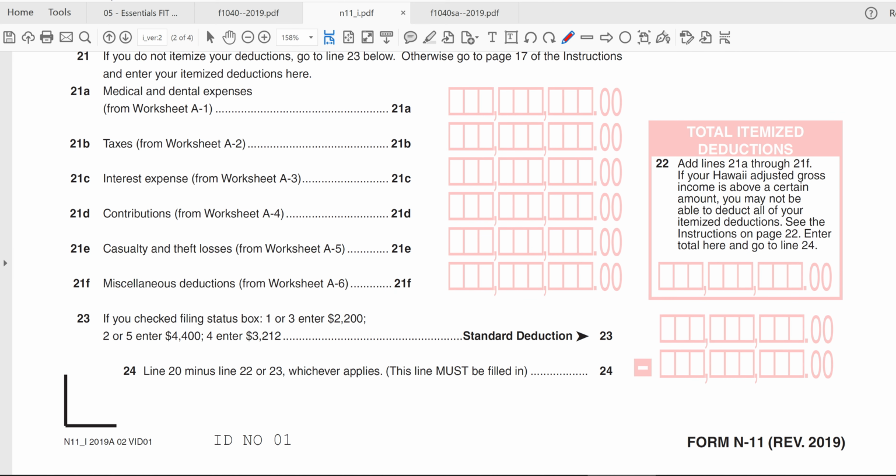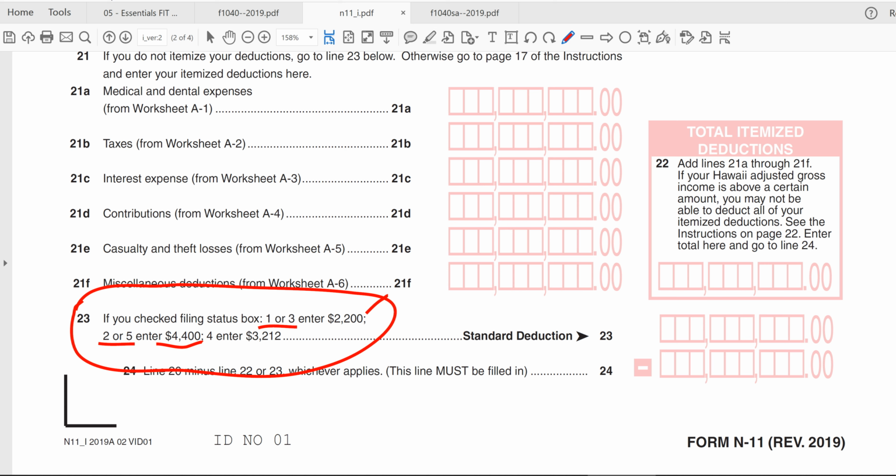Here's the amount of the Hawaii standard deduction. In the case of 103, that's single or married filing separate. Take a look how small the amount is: $10,000 smaller than the federal amount. Or in the case of married filing joint or qualifying widow, it's $20,000 smaller than on the federal.